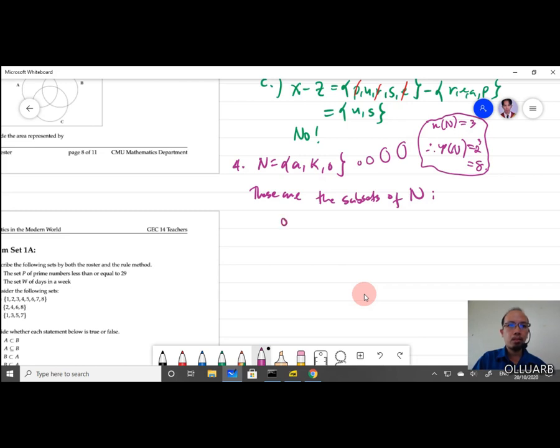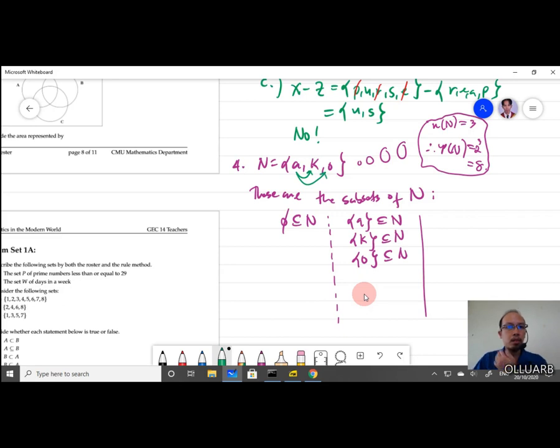Of course, you have the empty set first, and then get the subsets of N which consist of only one element. So first we have A, K, and O. These are the subsets of N which consist of one element. And then to get the subsets of N which contain two elements, use this method.